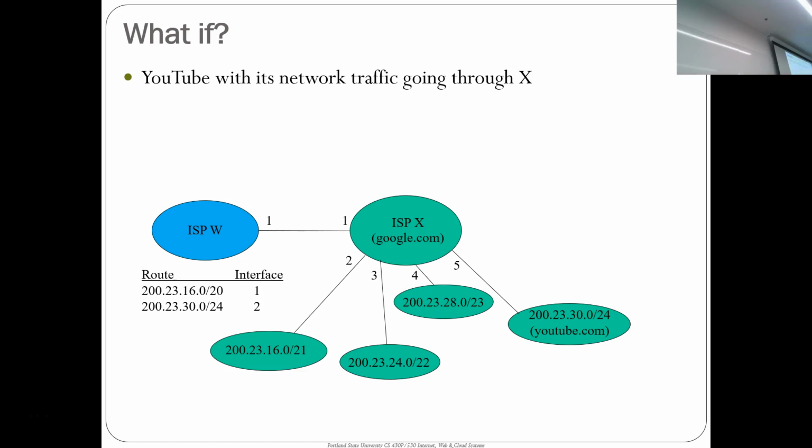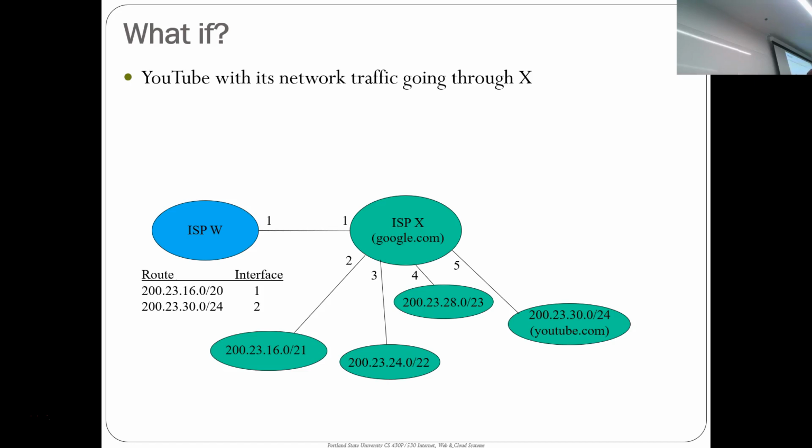Okay, I'm getting back to something I had mentioned earlier. What if YouTube, with its network traffic going through X, advertises, it's got more than a /24, but let's just say this is early YouTube. It's got a /24, and it advertises through Google, which is the ISP-X here, that it has this traffic, and ISP-X has this route table.